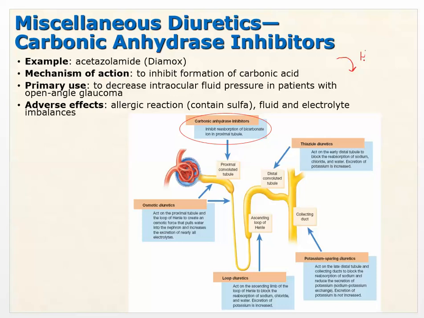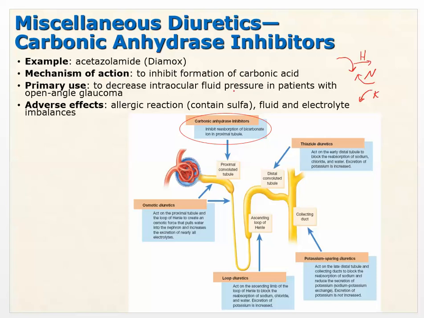When you have hydrogen, you have sodium, and you have potassium, and they all kind of depend on the concentration of one another to go where they're supposed to go. So by blocking the production of bicarbonate and hydrogen, you're leaving more of these ions in the nephron to be excreted.